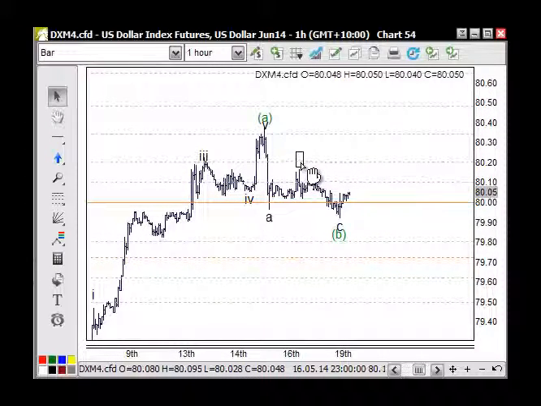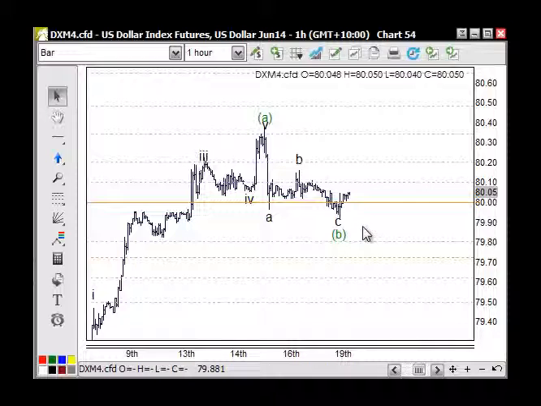But the pound dollar and the euro dollar look like they've got rally potential, but while this is above the 80 here, we need to be careful about going long on those particular markets.